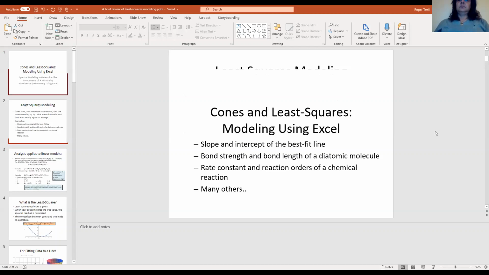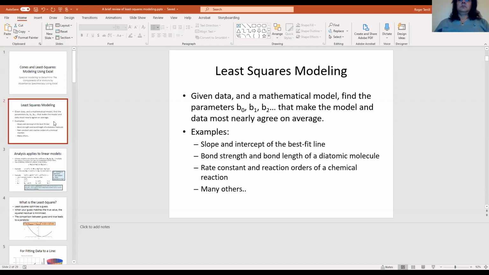What least squares does is, if you have XY data pairs or XXY data pairs or XXXY data pairs, etc., least squares will give you the coefficients B0, B1, and B2, where you can take B0 times X0 plus B1 times X1 plus B2 times X2, and that will nearly equal the Y value.